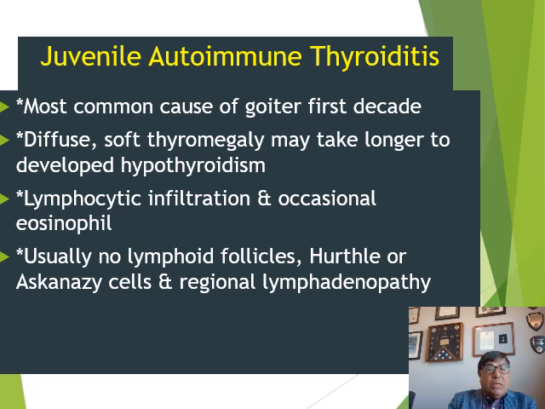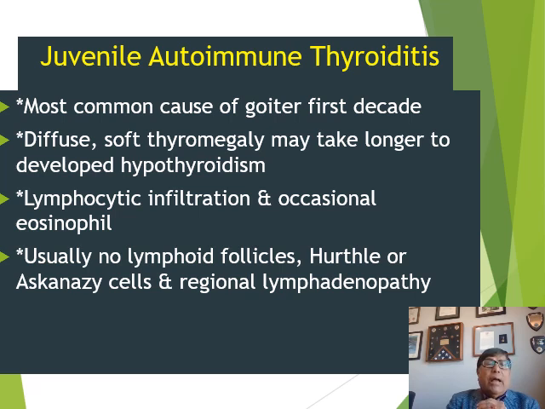Although they might present with a fibrotic or very destructive form, not all of them do. Only if they have HLA DR5 or 3 in their haplotype will they probably be that kind, but still the majority of them will present with goiter. There is a diffuse soft thyromegaly, and hypothyroidism may not develop right away; it might take a little longer.